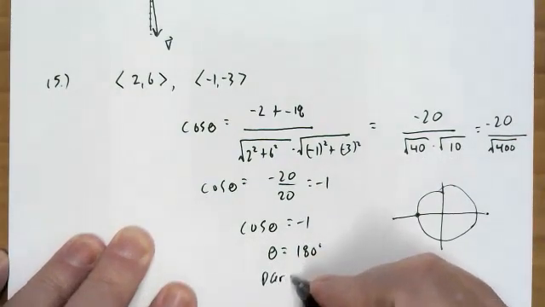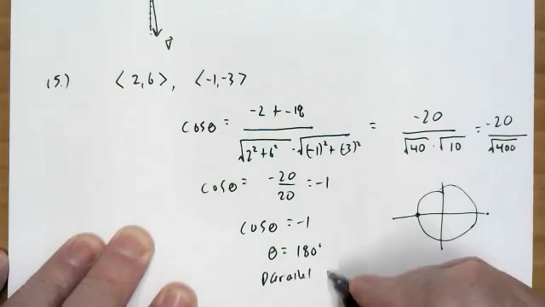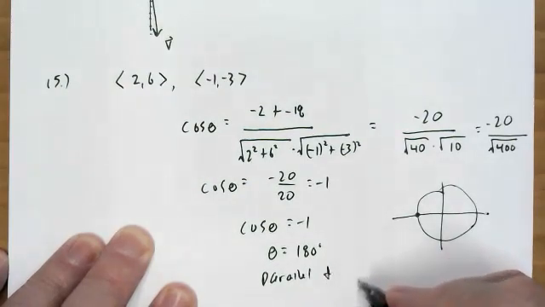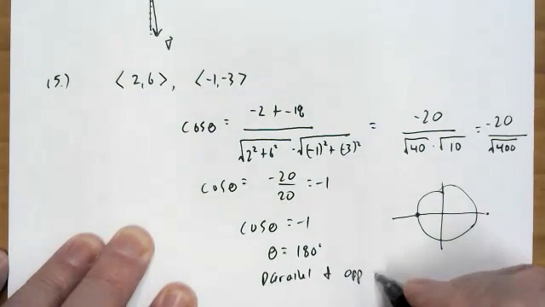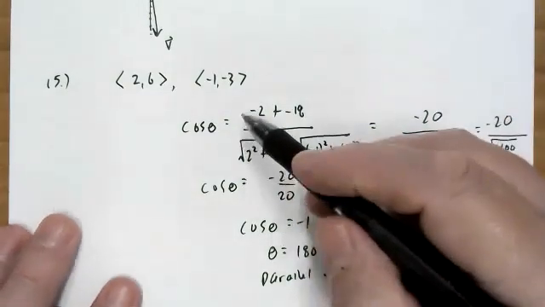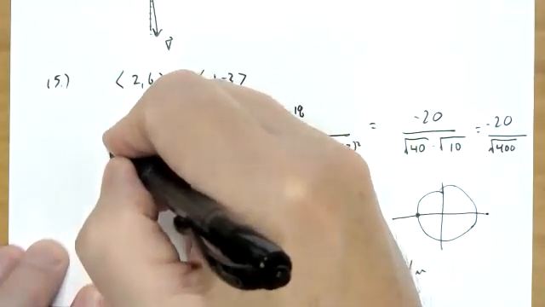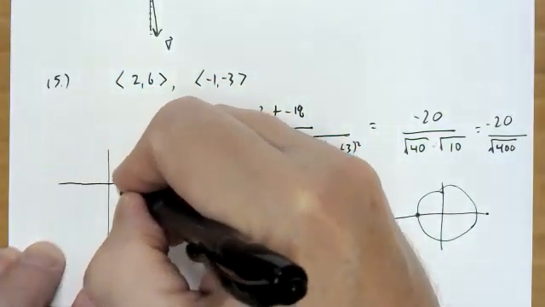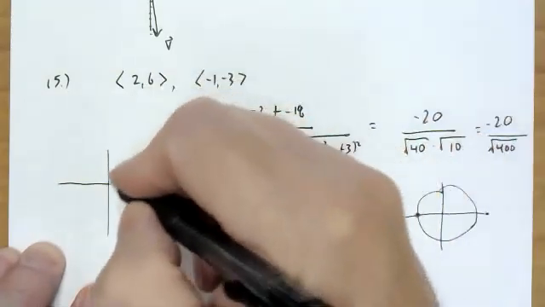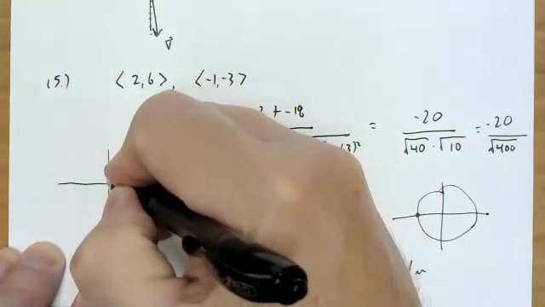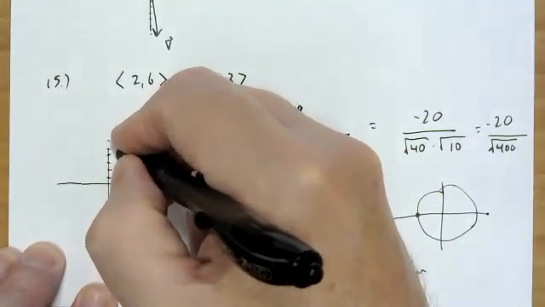So the answer would be parallel and opposite direction. And just for fun, if we plot these two vectors real quick, we should see that. So 2, 6. 1, 2, 3, 4, 5, 6.